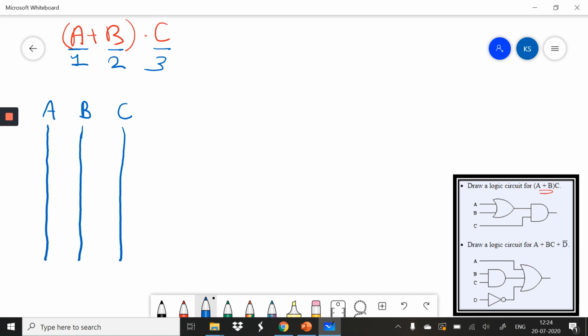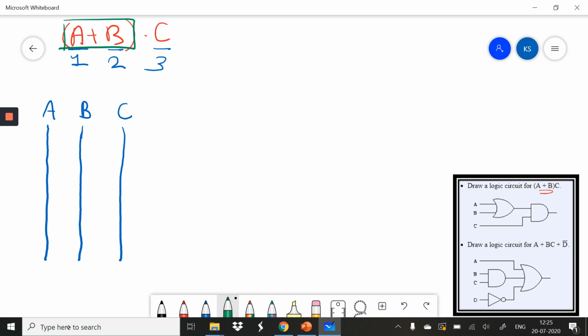After that, identify the relationship between 2 variables, or which gate we are going to apply on the 2 variables. Here we have A plus B. The plus sign indicates the OR gate.